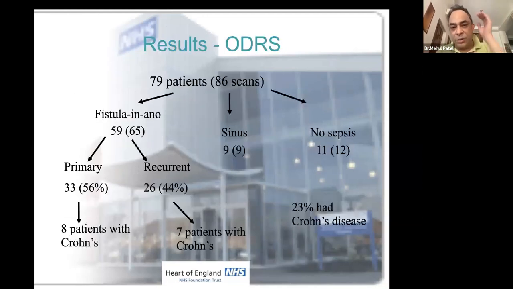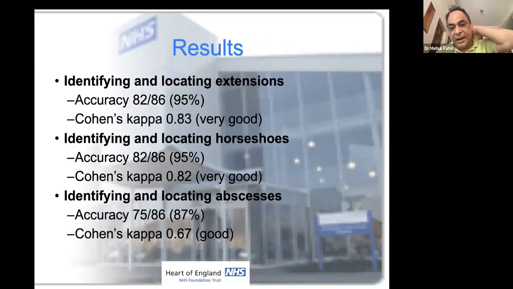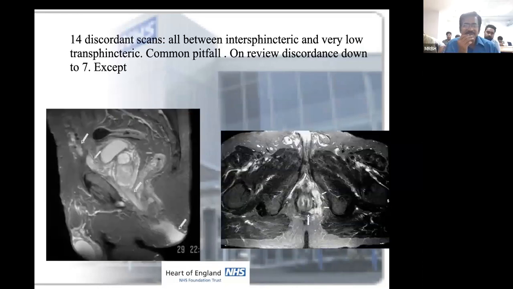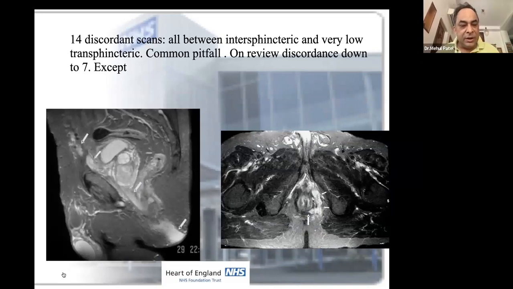And I won't go through this, but basically, accuracy of identifying the primary tract, horseshoes, and locating abscess is very high, 80s to 90. So, some more pictures. Here is a very complex scan in terms of complex extension. You can see that this is an abscess, right?